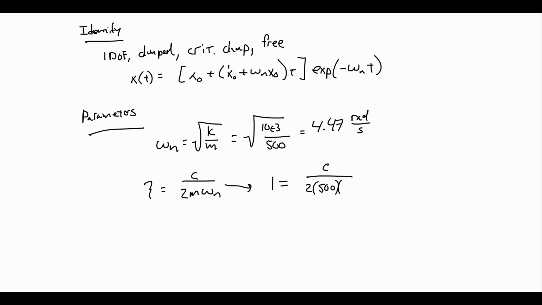And we now know what the natural frequency is. So this means that C, for this to be critically damped, that damping coefficient in our system, the damper that we install, must have a C value equal to 4.47 thousand Newton seconds per meter.